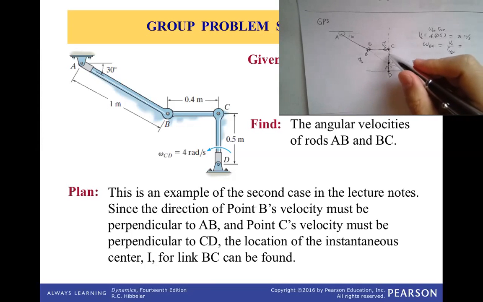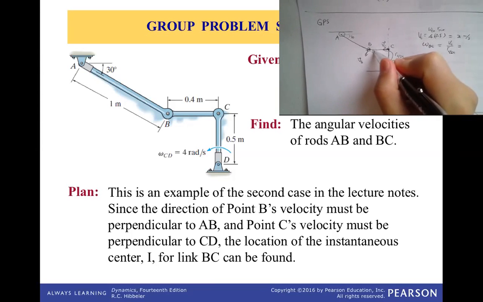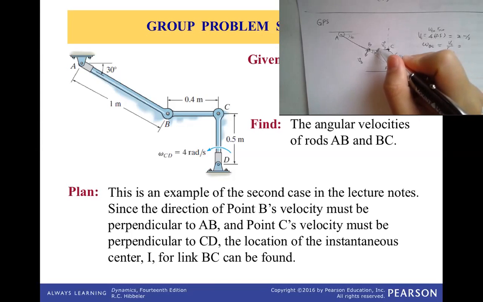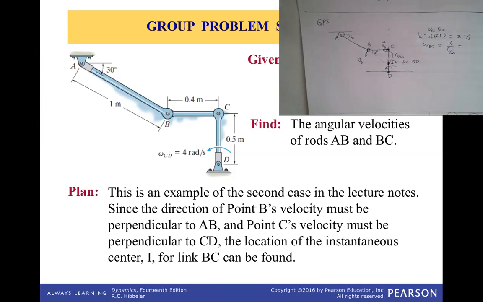So you can figure out this length, R of C to IC, because this is 30, that means this guy is 30, okay? And then we know the length of BC, let me see, where is that? Yeah, BC is 0.4, okay?